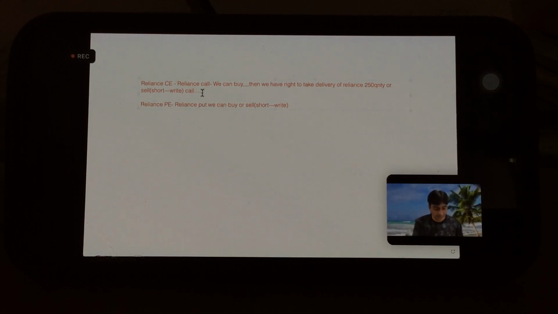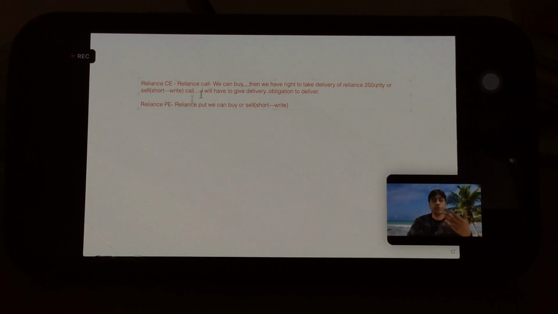But if I short, I will have to give delivery. That is obligation. When you are shorting, you have obligation to deliver.